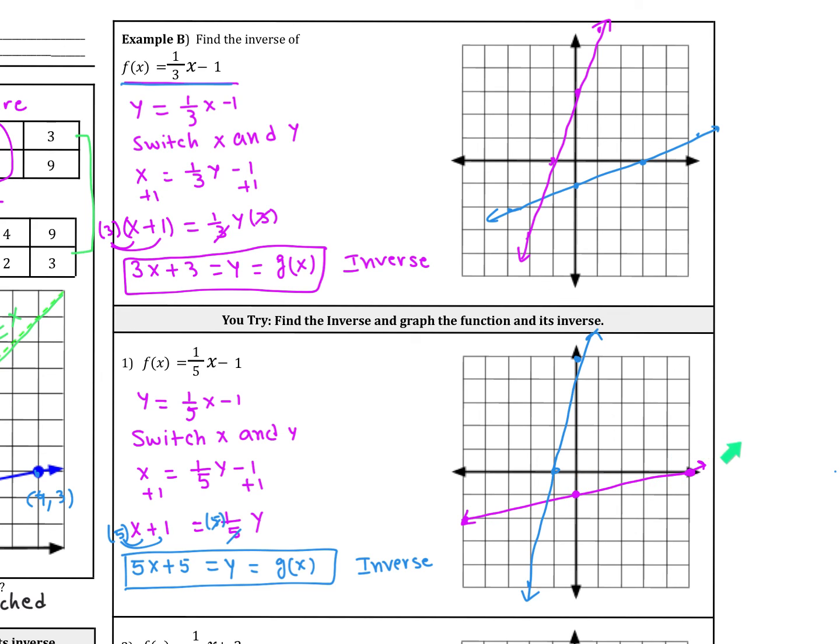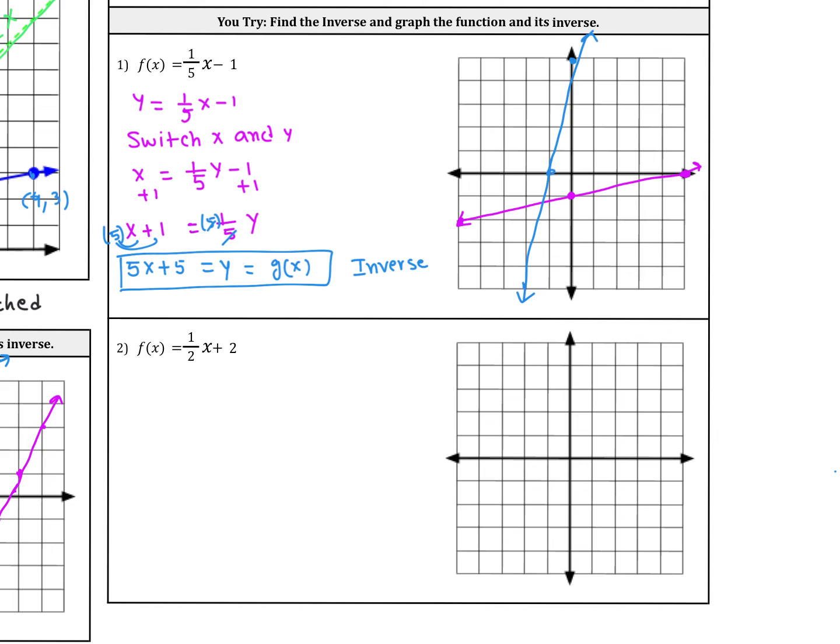Up 1 over 5 is this line. For the inverse function, you have 5 as your y-intercept. It's going to be up 5 over 1, or on the other side 1, 2, 3, 4, 5 over 1. So they intersect at this point, where y equals x is the line of reflection.